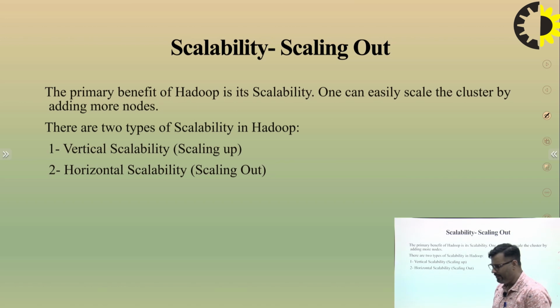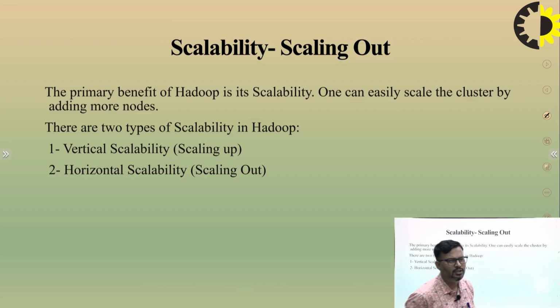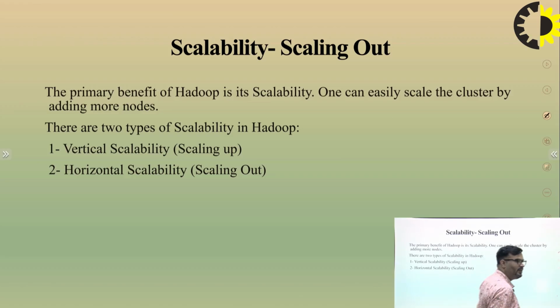So here we will consider some concepts like scalability and scaling out. What is the concept of scaling? A scaling concept is something that can be easily measured for any amount of data.